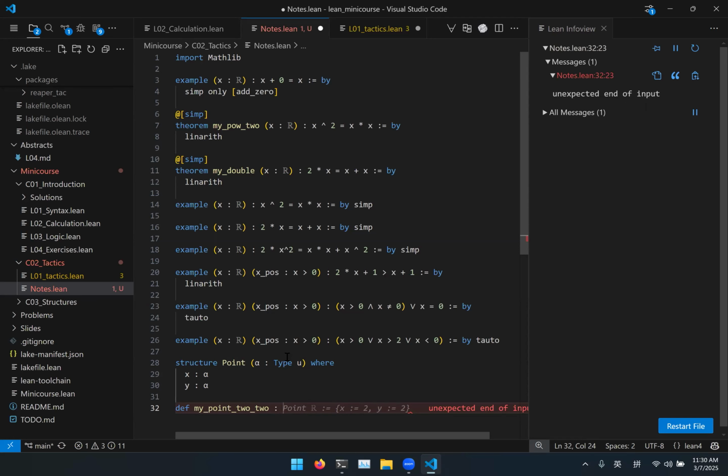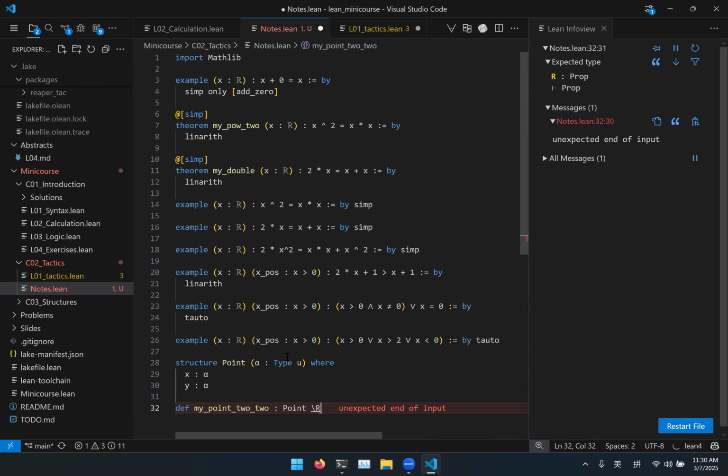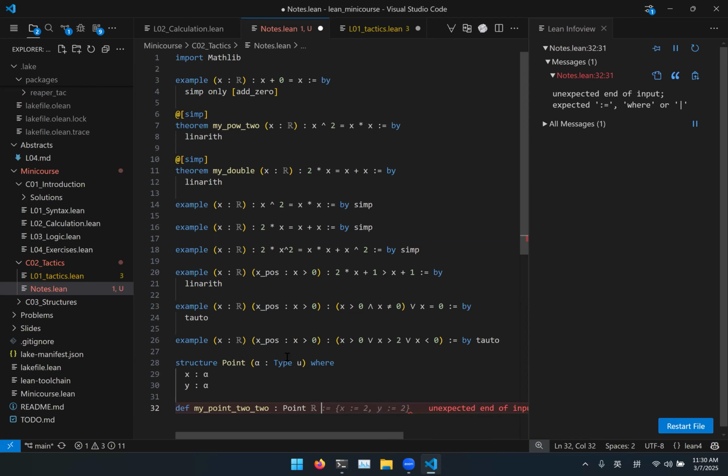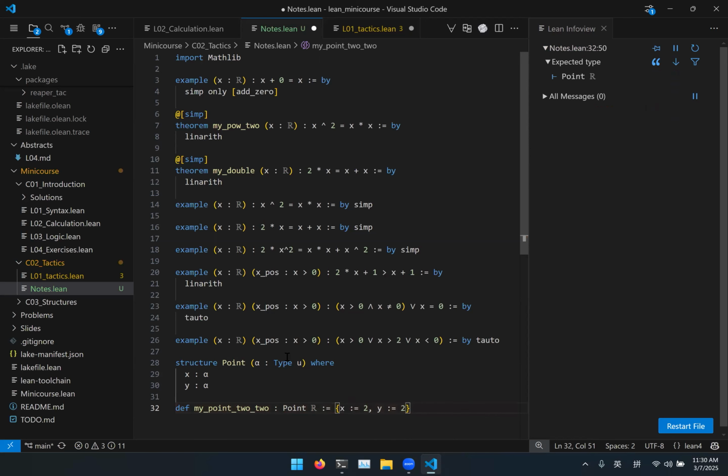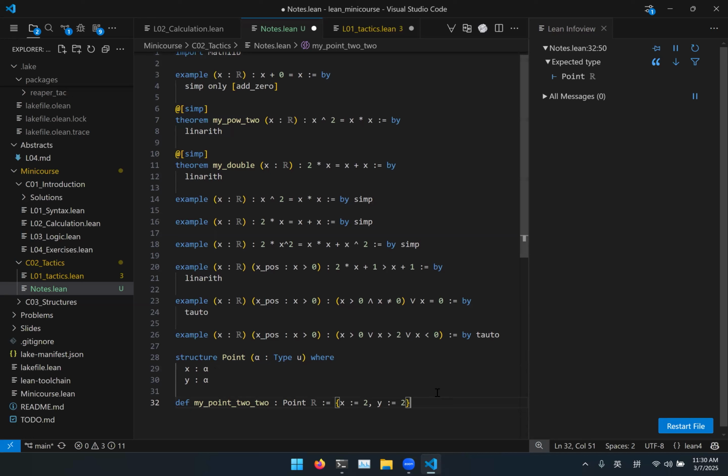When we initialize the structure, we need to tell it what exactly alpha is. Here we specify it to be R, which means each number is a real number. So we can use this to specify that this is a point in the R2 space.